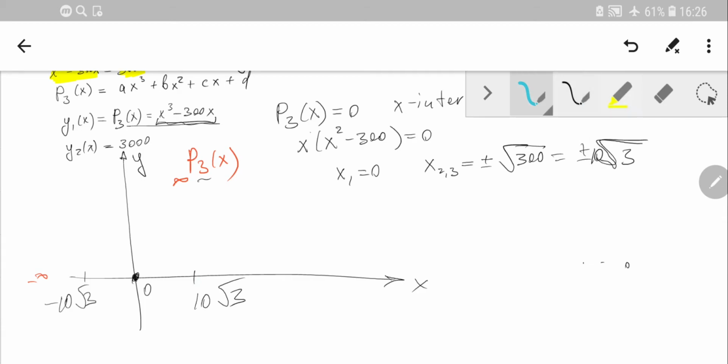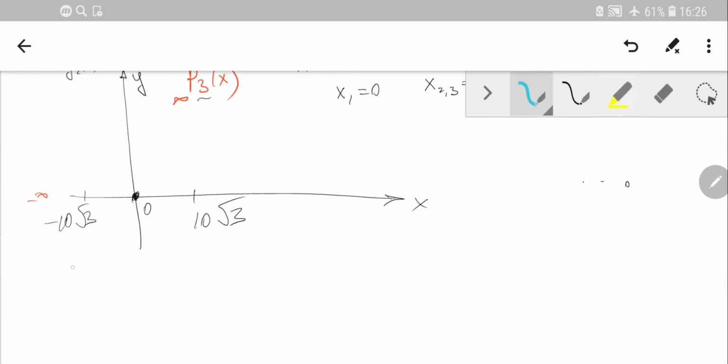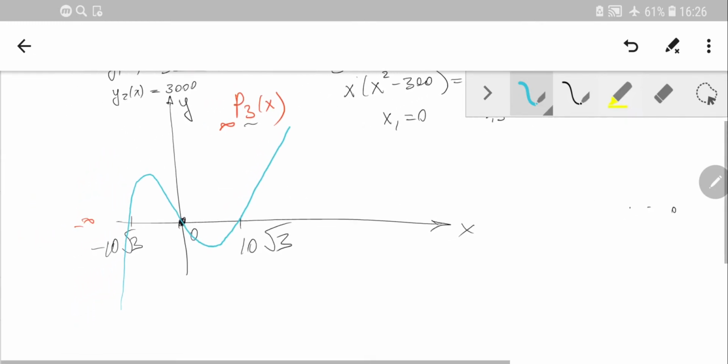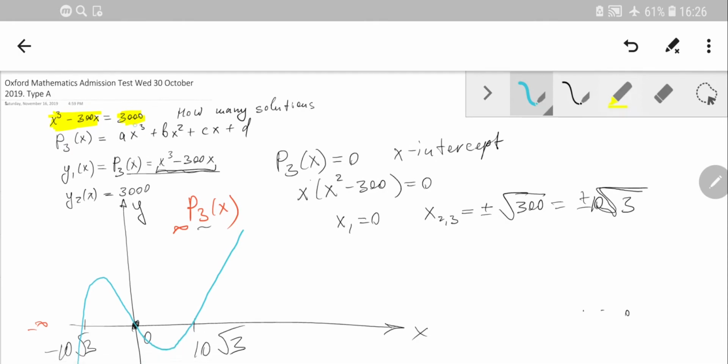All right, so your graph goes something like this, definitely. Okay, so actually we need to solve P3 equals 3/7, right? Because on the right side, we're looking for the intersection between two graphs, y1, or P3, and the line 3/7.